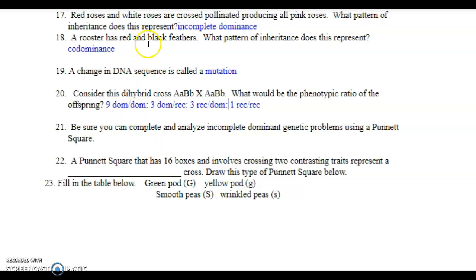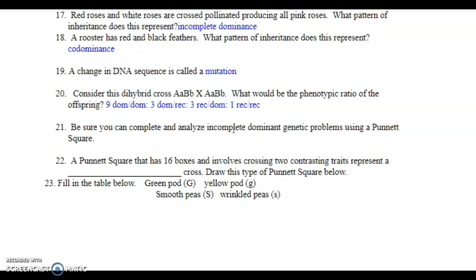Like up here we would have had RR for the red roses and WW for the white roses, and all of the offspring would be RW. Red and white together, they would blend to make pink roses. So be sure you're able to analyze the incomplete dominant genetic problems using Punnett squares, and we'll look at some of those in the Punnett square problems in a few minutes.